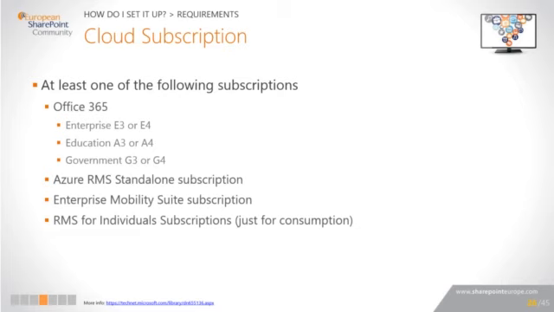Either you have Office 365, and for that you need an Enterprise E3 or E4 or academic or government equivalents, or you need an Azure RMS standalone subscription or Enterprise Mobility Suite subscription or RMS for individual subscriptions. But this last one is only for consumption of IRM protected files by users whose companies do not have an IRM infrastructure. So if you have to share a protected document with someone outside your organization, that someone will need an RMS for individual.